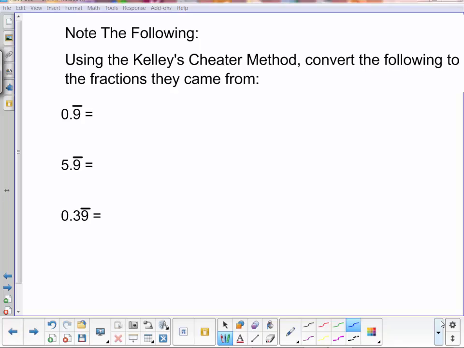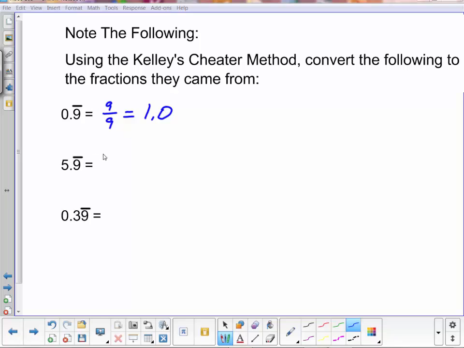Let's begin by taking a look at the Kelly's Cheater method, a method I showed you that you can use to convert repeating decimals back into the fractions that they came from. As you recall, if it's a one-digit repeater, you simply put that one digit over 9. Noticing here, if we put 9 over 9, we find that 0.9 bar actually has the same mathematical value as the number 1.